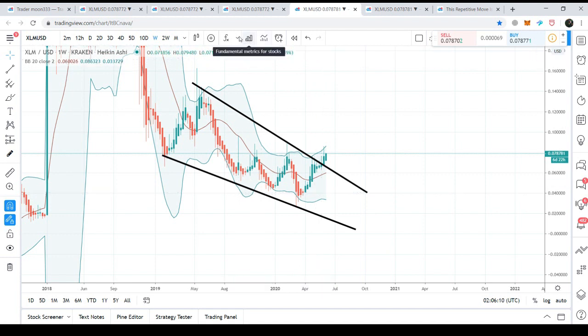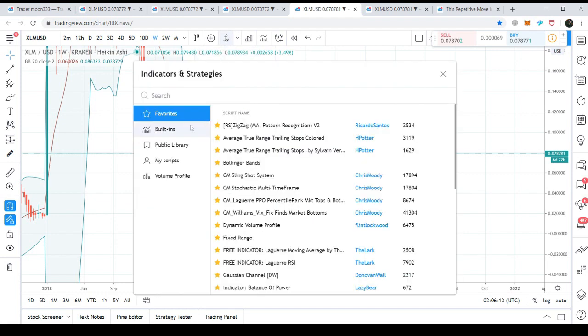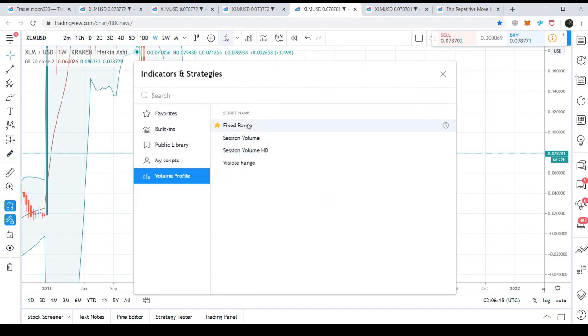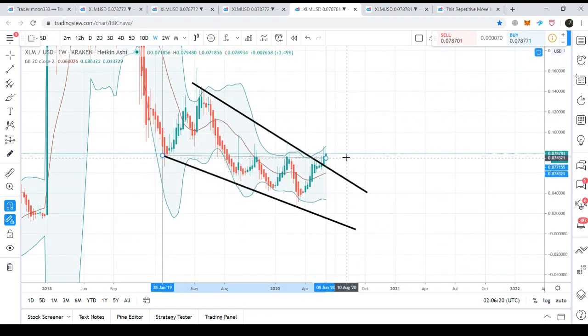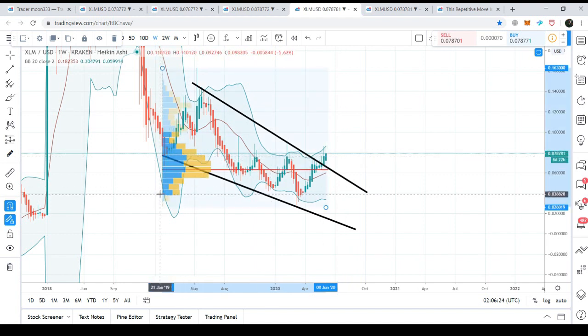And if I place this volume profile indicator, which is a very important indicator to see the traders' interest within the pattern, we can see that the traders' interest to the downside is almost at 4 cents, and the traders' interest to the upside is up to almost 9.8 cents, or you can say 10 cents. Therefore, it will be easy for the price line to move more up rather than more down.